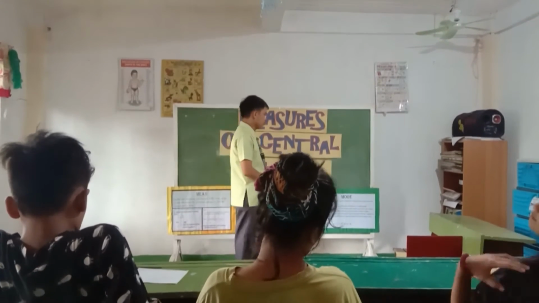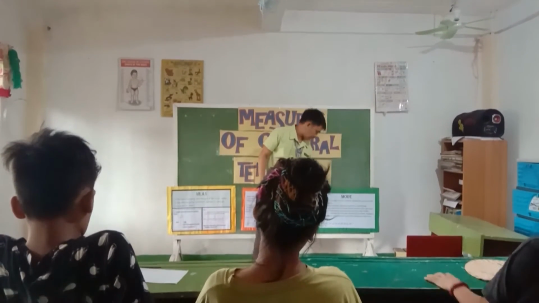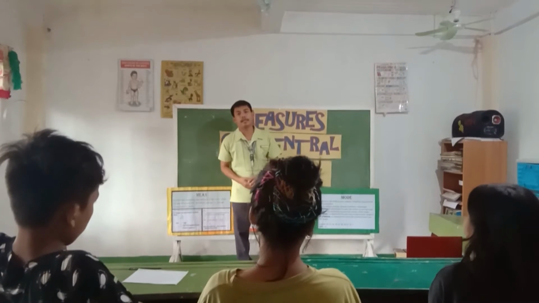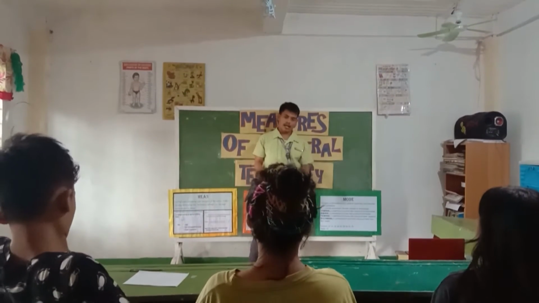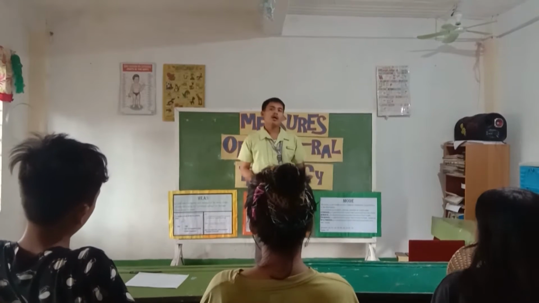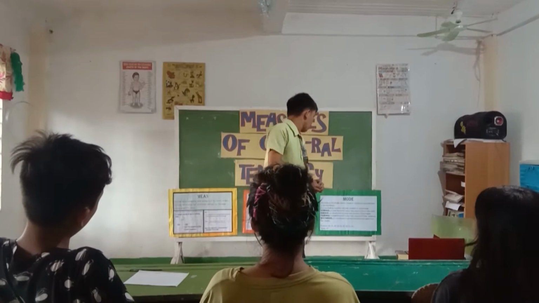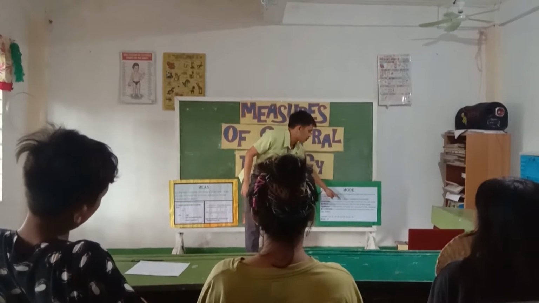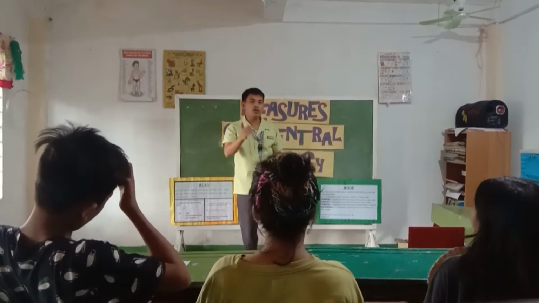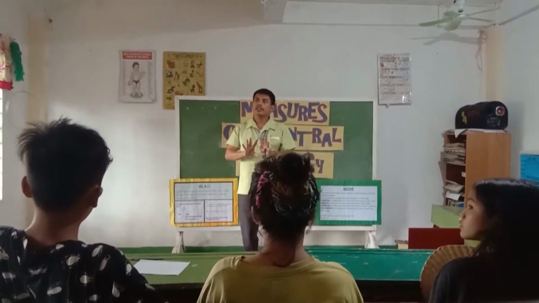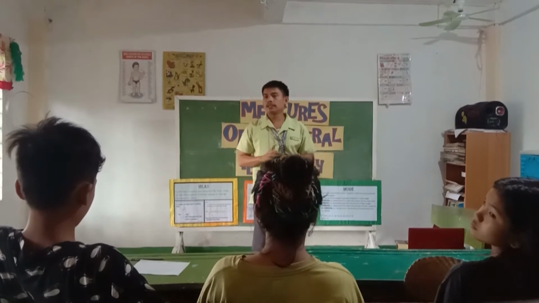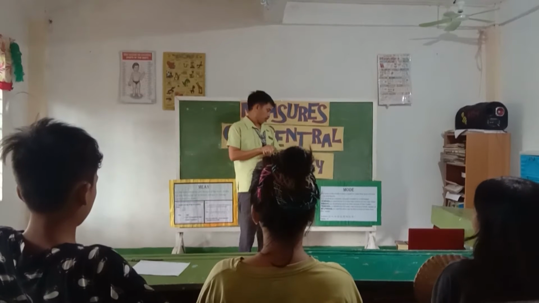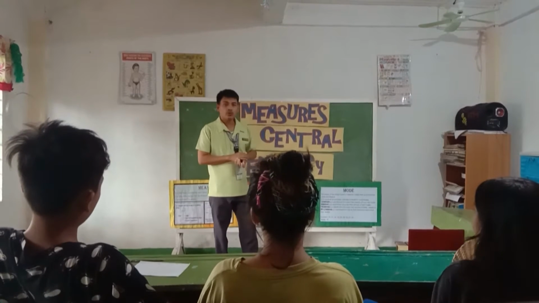So, in mode, we have different types of mode. First is unimodal. According to the definition, a distribution of scores that consists of only one mode. If the set of numbers has only one mode, we call it unimodal.